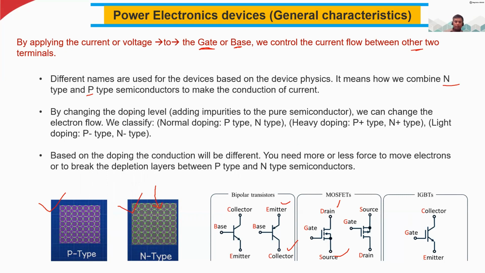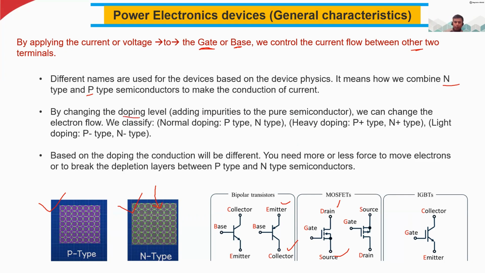By changing the doping level, it means you are adding impurities in different amounts, so we can change the electron flow. What is electron flow? That is the current.